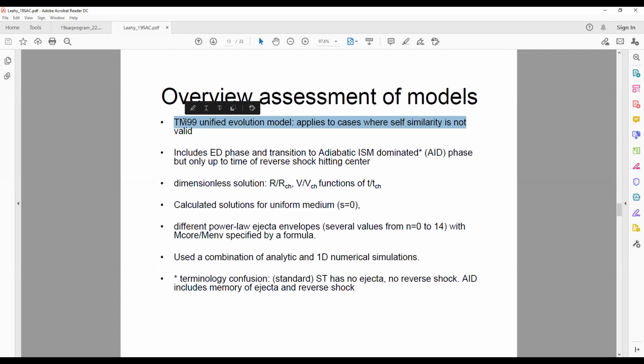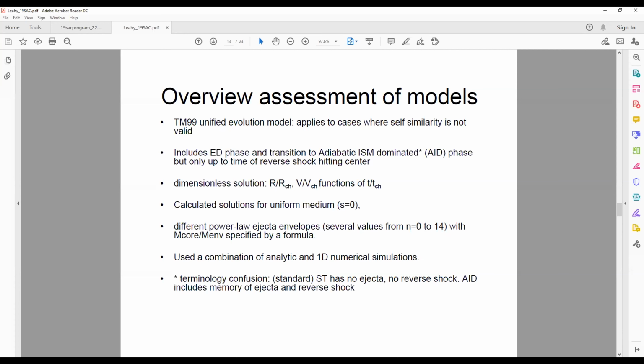Truelove and McKee pointed out that the ejecta-dominated phase, which is the early part, discovered by Chevalier with the self-similar models there, ends when you no longer have the reverse shock going in, leaving the power law envelope into the core.